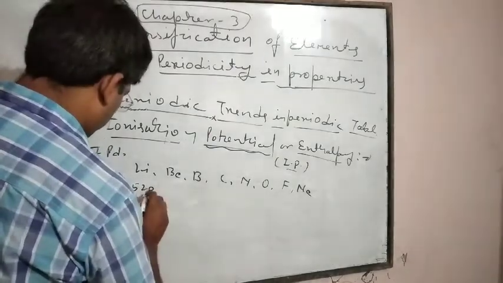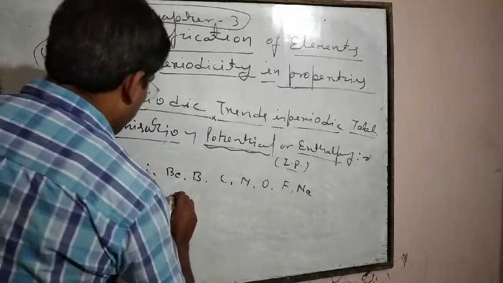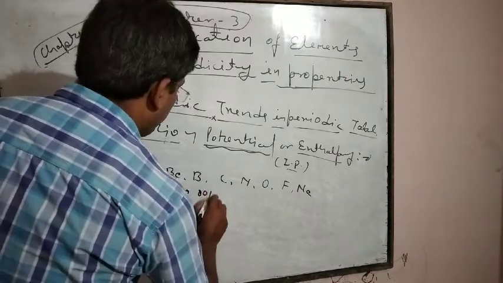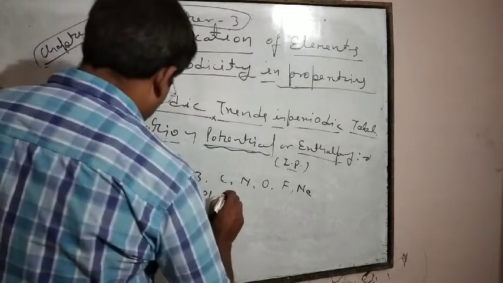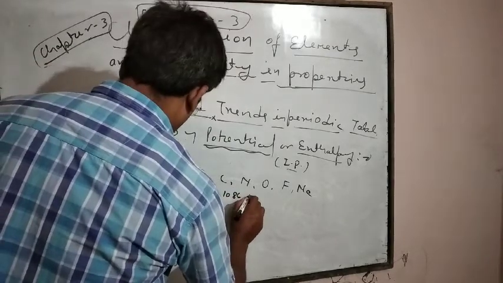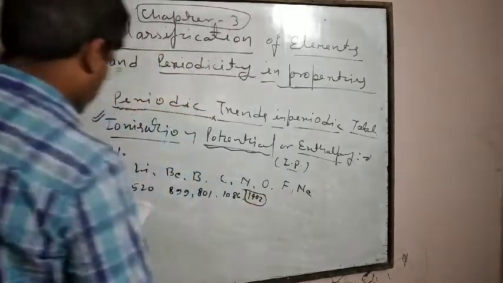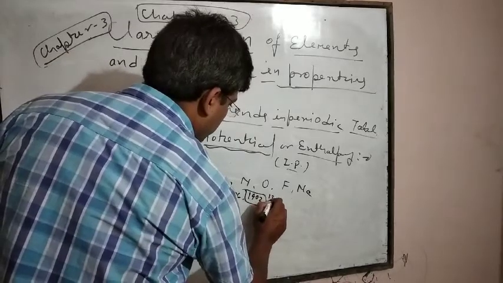520 for lithium, beryllium 899. Value of IP for boron is 801. Value for carbon is 1086. Value of nitrogen is 1402. And for oxygen 1314.